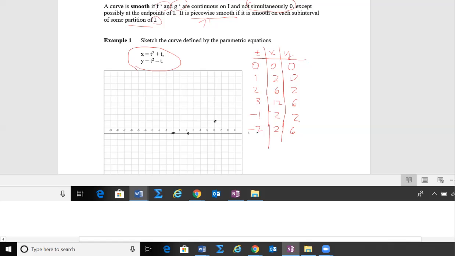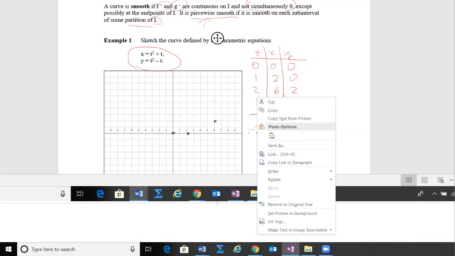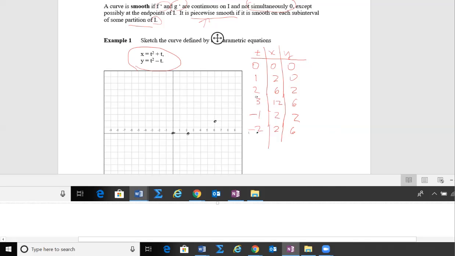That's kind of off the charts. Let's go back to -1, which is 2, 2. That is right there. And at -2, it's 2, 6. Now something's not right with that.